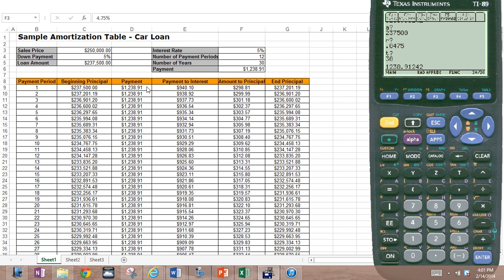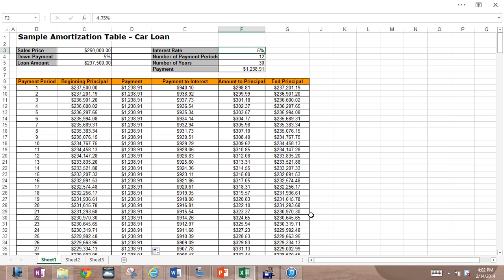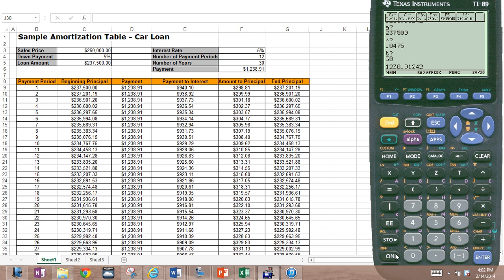So it tells us that our monthly payment is $1238.91. Now that $1238.91, we take that and make the 360 monthly payments.